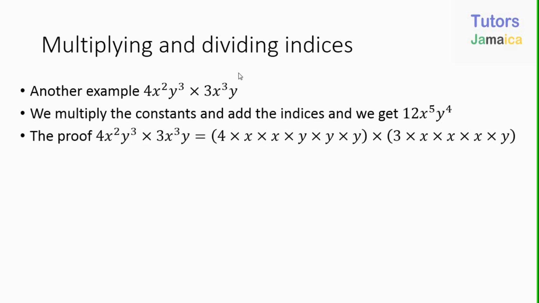So let's prove this. 4x squared y cubed times 3x cubed y is equal to 4 times x times x times y times y times y, all of that multiplying 3 times x times x times x times y.